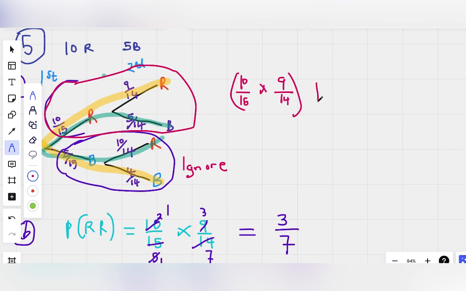In probability we use plus for or, because or is for mutually exclusive events, which means if this one occurs, it prevents the other from occurring. So we now say or 10 over 15, which is this branch, times 5 over 14.